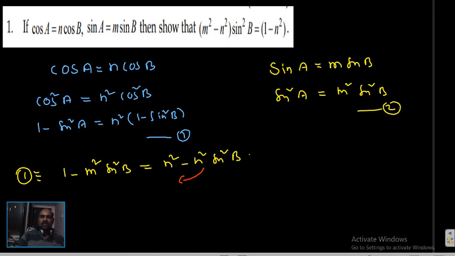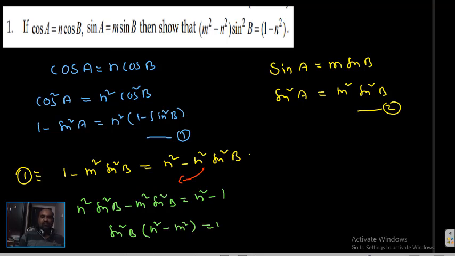So what happened, I will write n square sin square B minus m square sin square B equal to n square minus 1. Sin square B taken common, (n square minus m square) sin square B equal to n square minus 1.